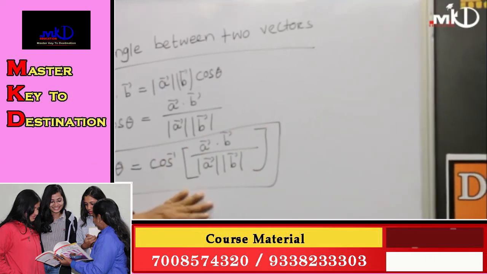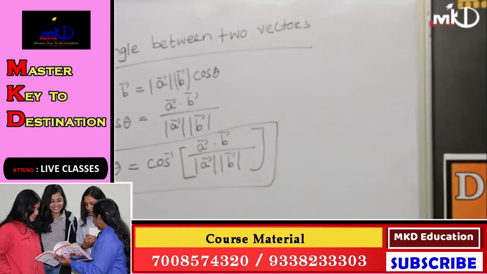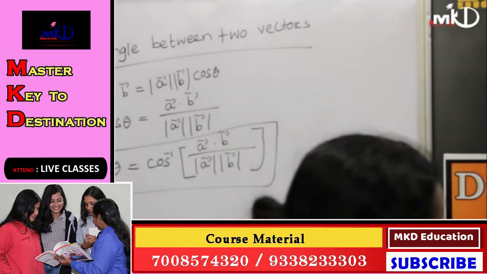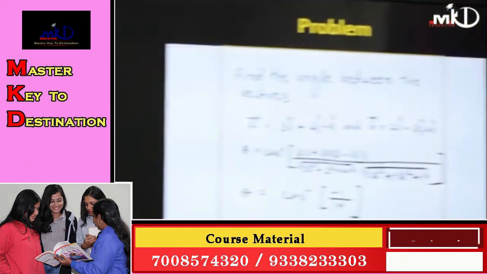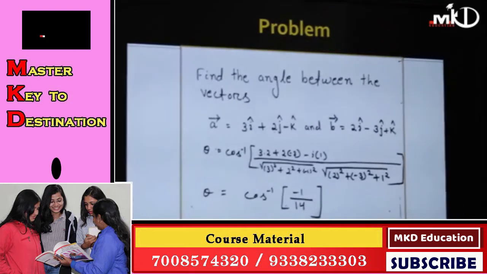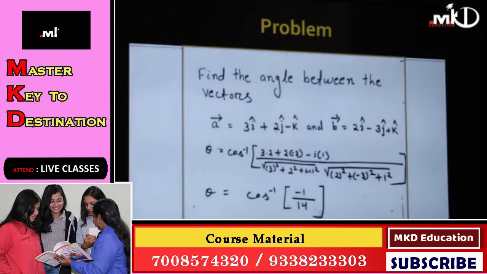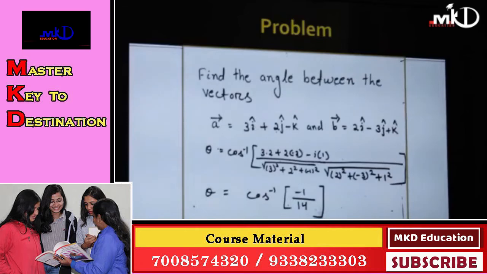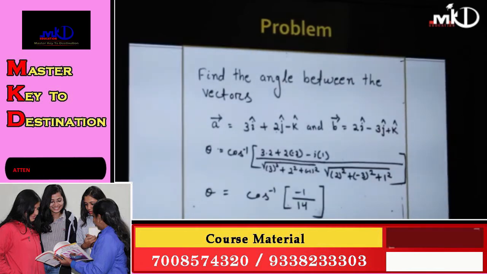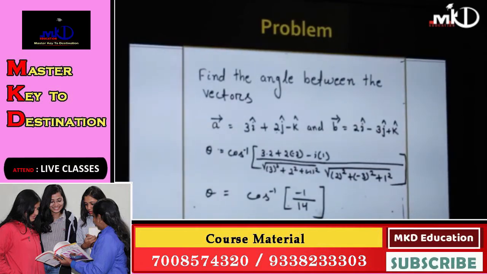Now using this formula we solve one problem. You see the question: find the angle between the vectors 3 i cap plus 2 j cap minus k cap and another vector 2 i cap minus 3 j cap plus k cap.